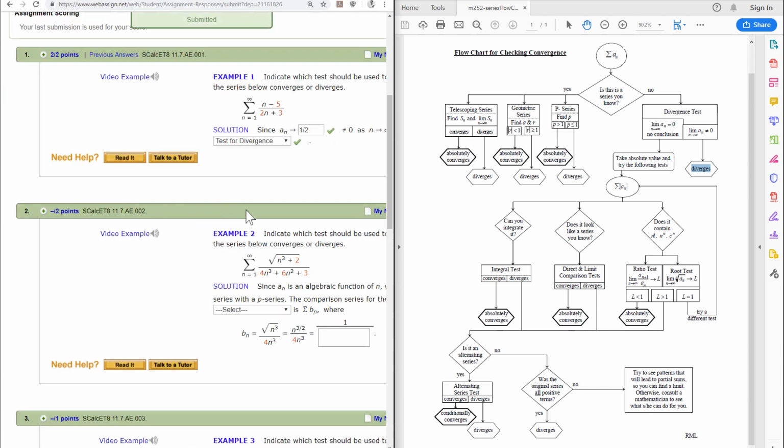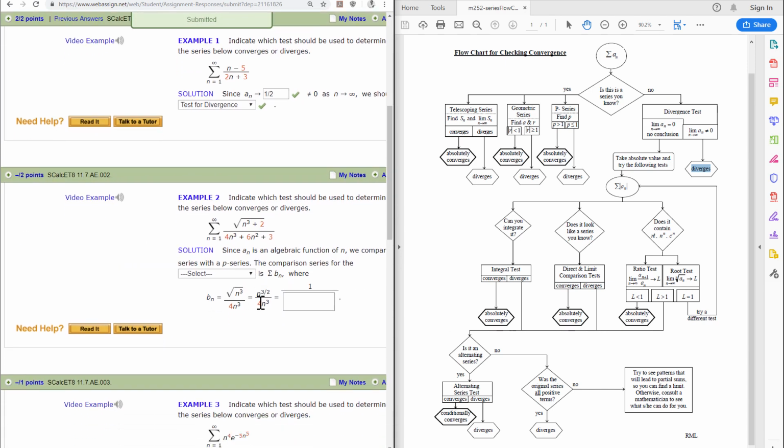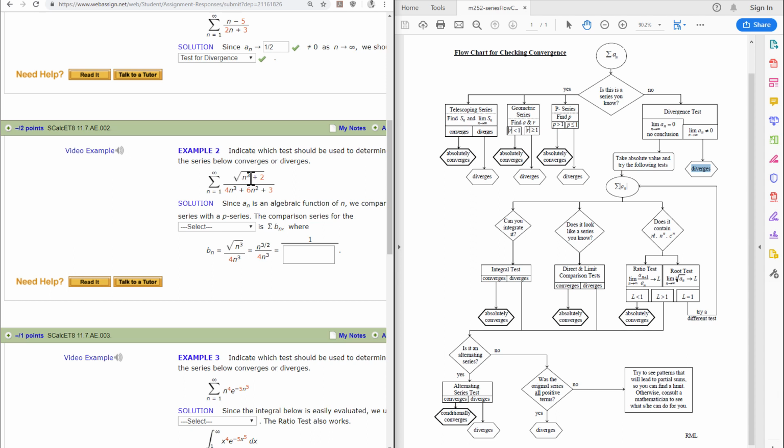All right, let's take a look at the next one. It looks complicated, but it's not quite a polynomial over a polynomial because we have a radical sign up on top. But this radical sign is like n to the third power raised to the 1/2 power, so it's n to the 3/2 in the numerator. And then we have n to the third in the denominator.